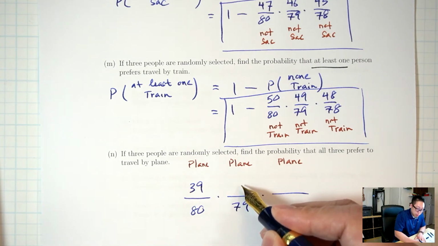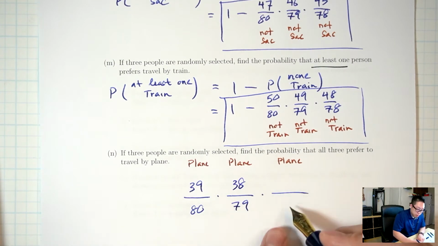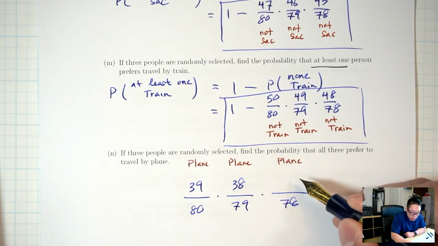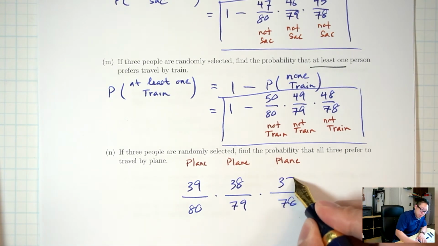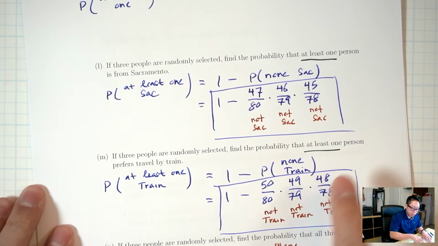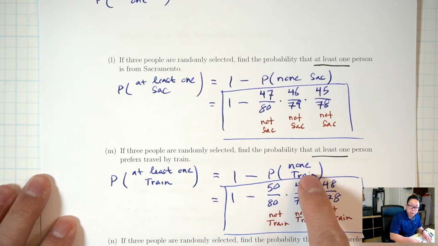So actually we should now be down to 38. For the third person, the bottom, we're down by 1 again, so now we're down to 78. And then for the top, I want another plane person, so that means I should be down by 1 again. So we're down to 37 here. Okay, notice that there's not a 1 minus, right? Because this is not an at least one problem, which means you're not going to set it up as 1 minus none.